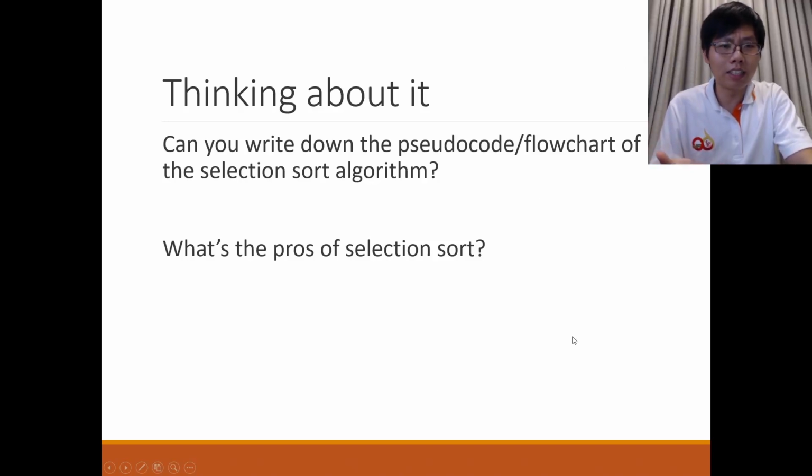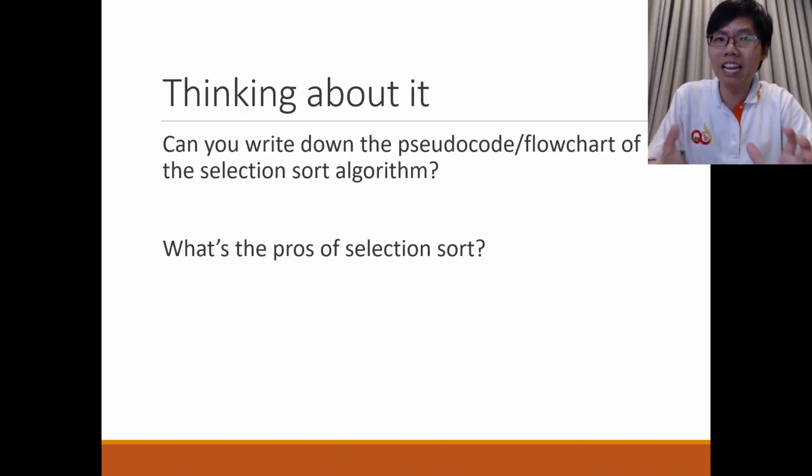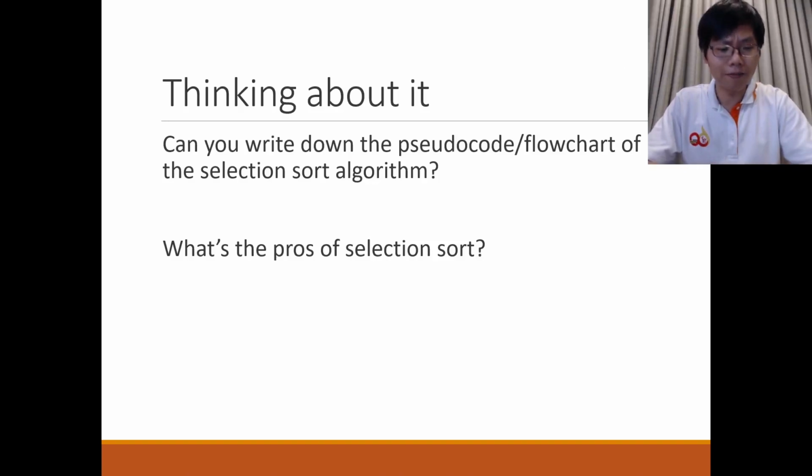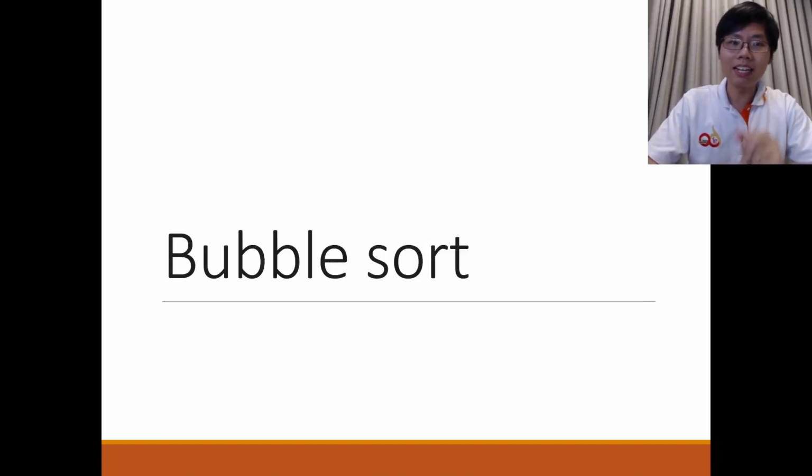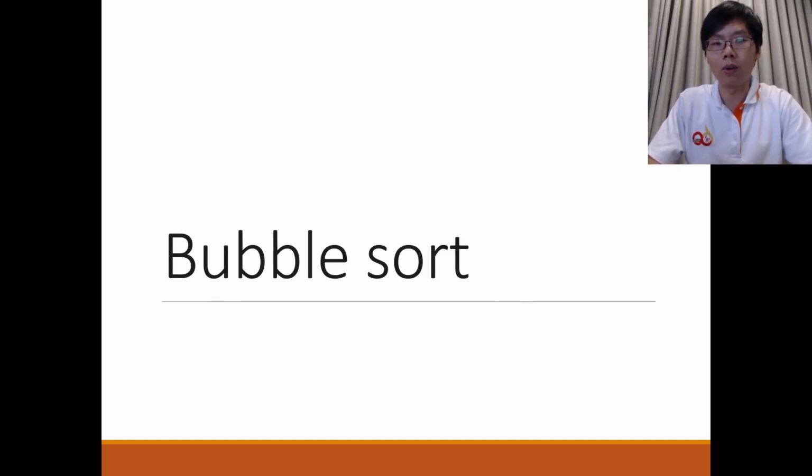Is it only because it's simple, easy to implement, and a good starting point? Or does it have any application where we should really consider using selection sort more than other algorithms? So please think about that. Okay, next is going to be another simple concept of sorting algorithms.